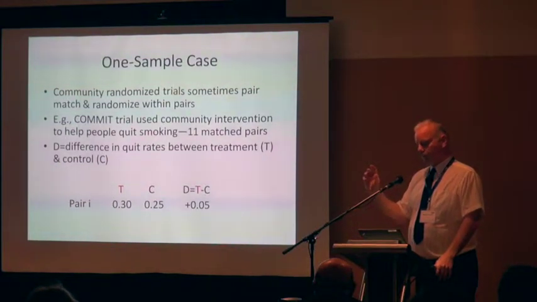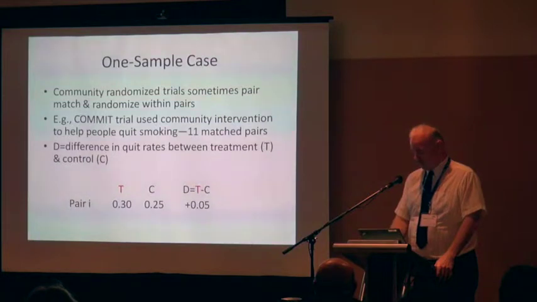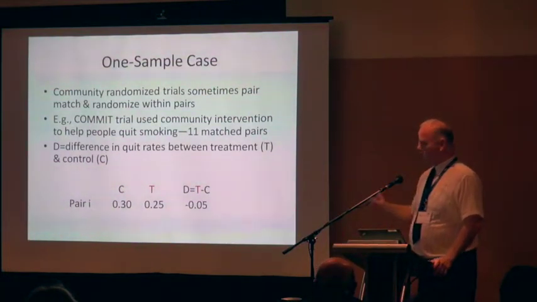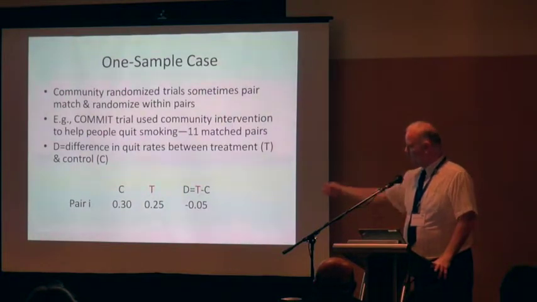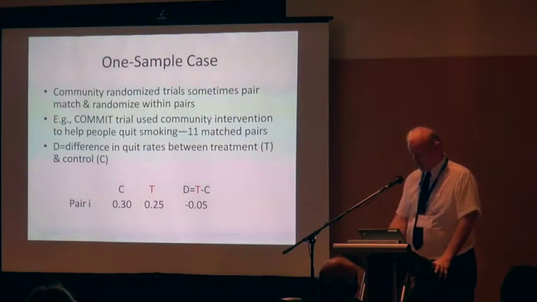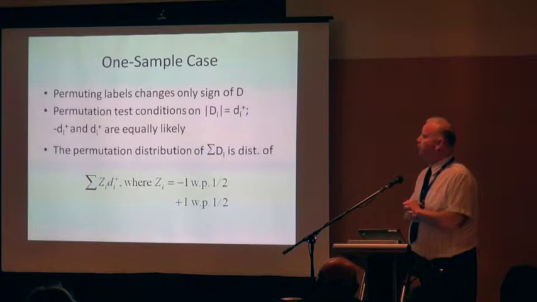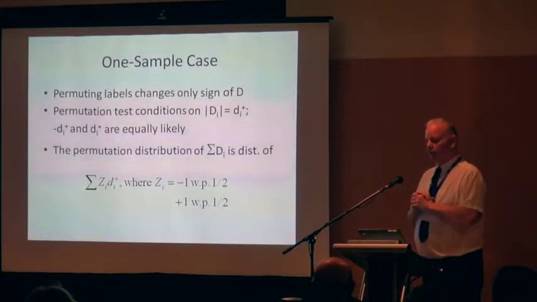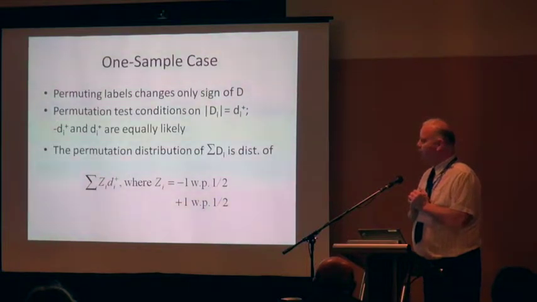And if you do a permutation test, that just corresponds to permuting labels within a pair. And when you switch those two treatment and control labels, that's just going to change the sign. So you get minus 0.05. So in general, when you permute labels in a paired setting, it only changes the sign of the difference.